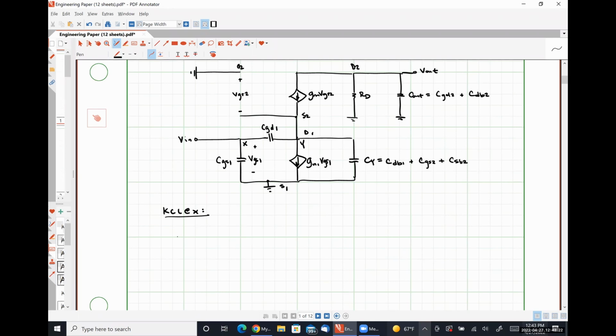So that's going to look like S CGS1 times Vx plus S CGD1 times Vx minus Vy is equal to 0.